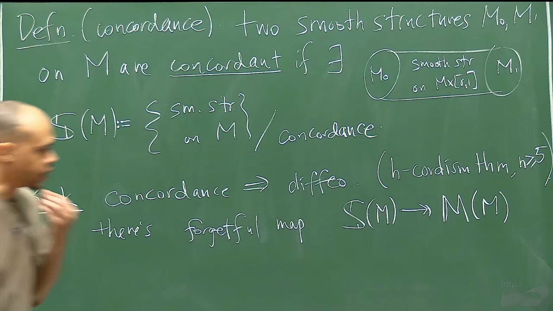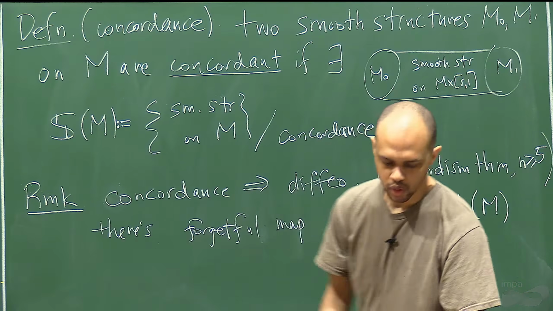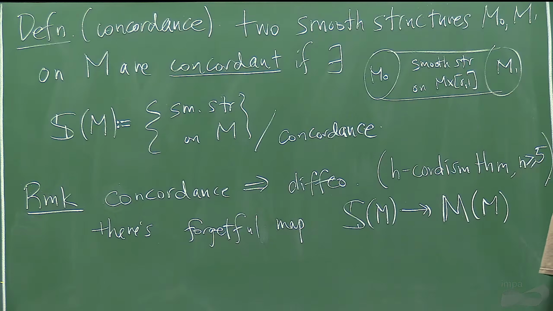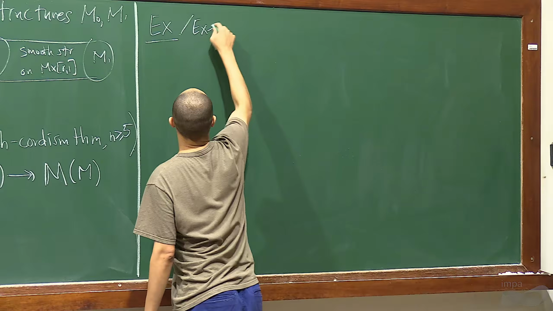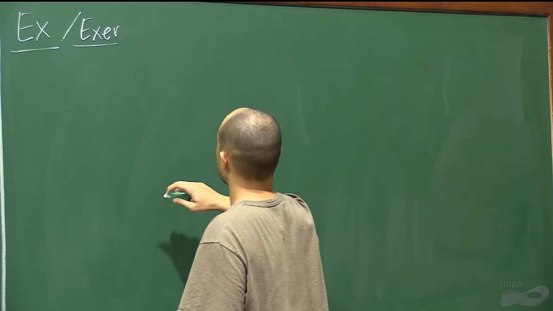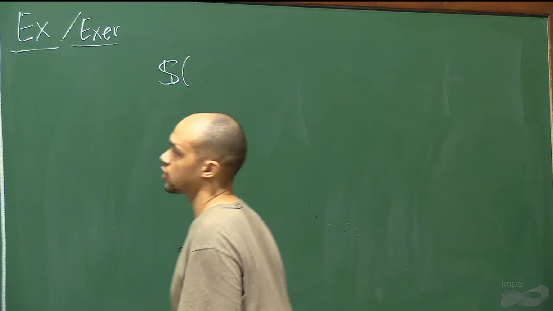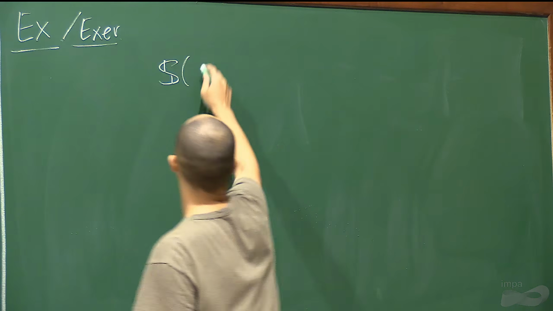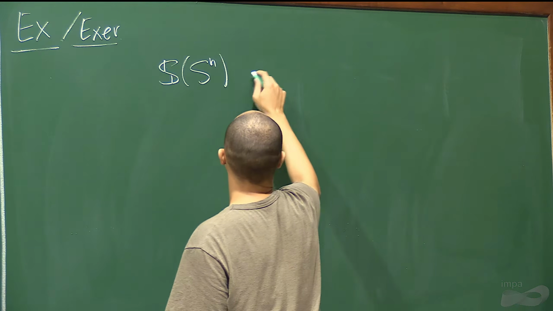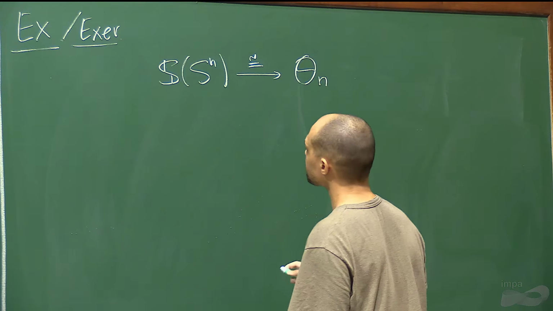One example, which will be an example and an exercise: for the sphere, smoothings up to concordance on the sphere is isomorphic to theta n.